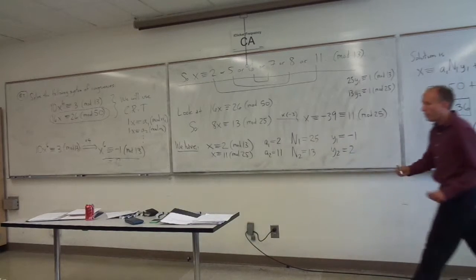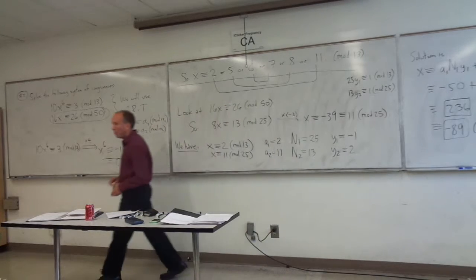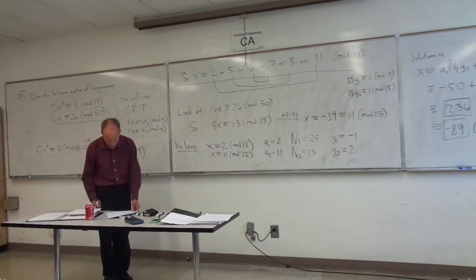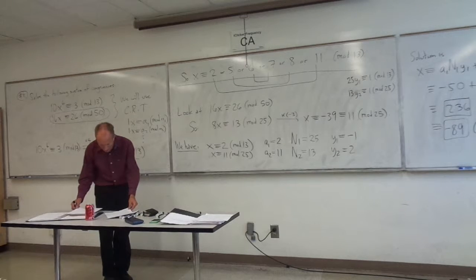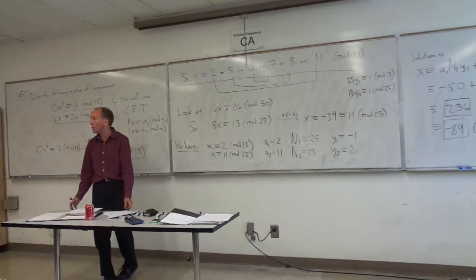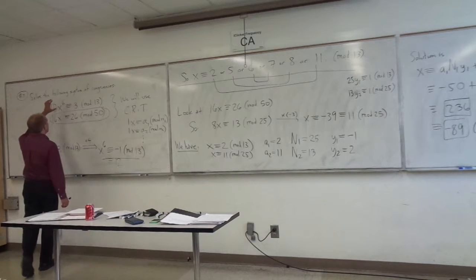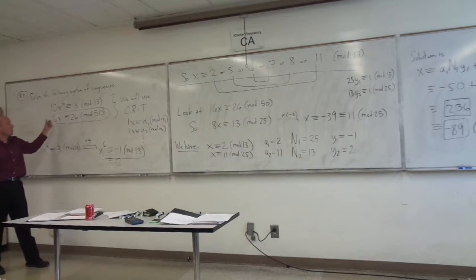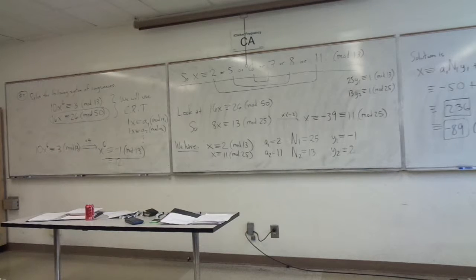Unfortunately, I don't have them all worked out, so I'll have to let you play with that a little bit on your own. Okay, that makes sense? So we used indices to simplify the first one, and we divided out any common factors that we could to simplify the second one.